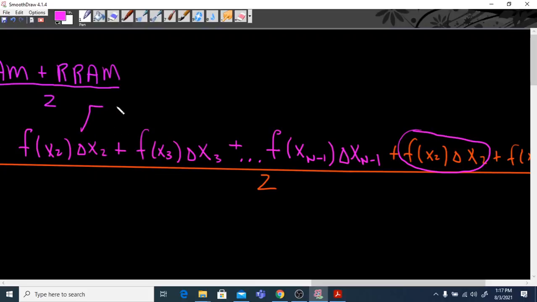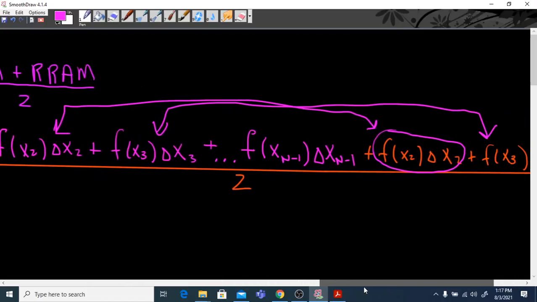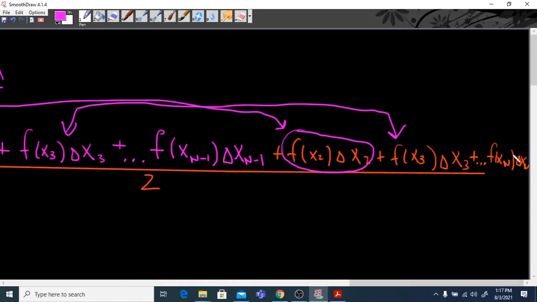So if you look here, we actually have 2 copies of f of x2 delta x2, and the same is the case for f of x3 delta x3. We're going to have 2 copies of everything until we get to the very last one.